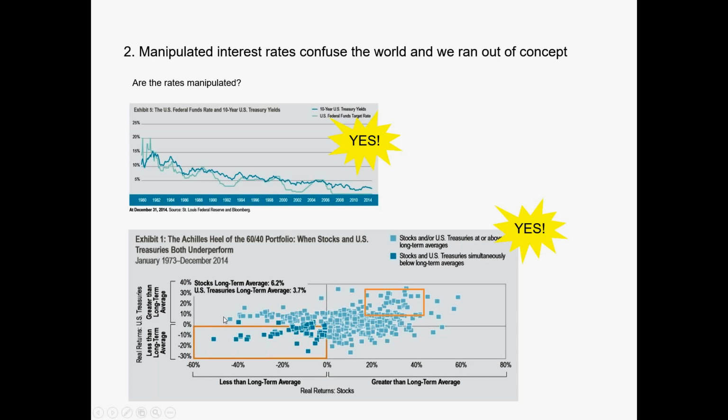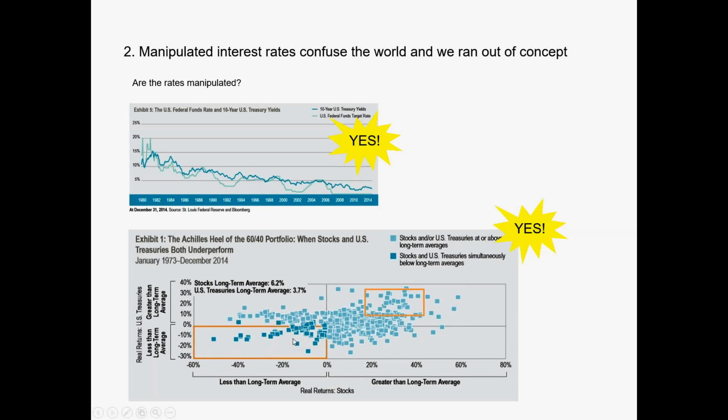from the report is this correlation between stocks and treasuries. And what we have seen in the last days, weeks, but also I would say years, is that stocks are rising and US treasuries are rising too, and the other way down.